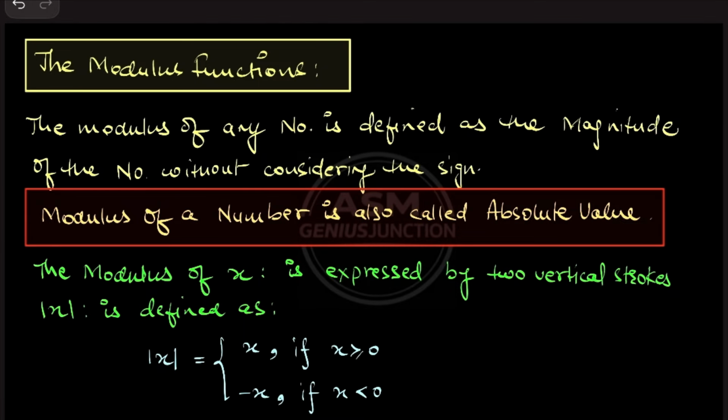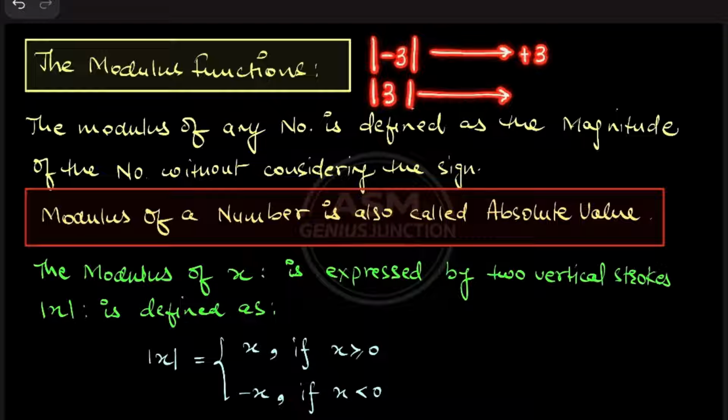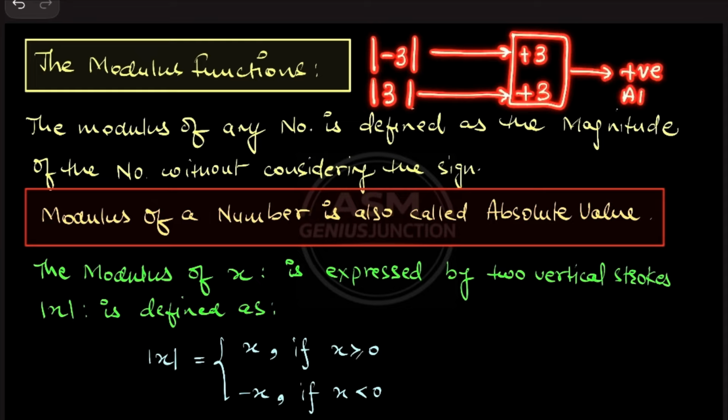For example, if I write mod of minus 3, then this modulus function is going to give me the answer plus 3. And if there is a positive sign inside the modulus, then also it is going to give me plus 3. Overall, what we need to understand is the modulus function always gives you a positive answer. It is never going to give you negative answers.